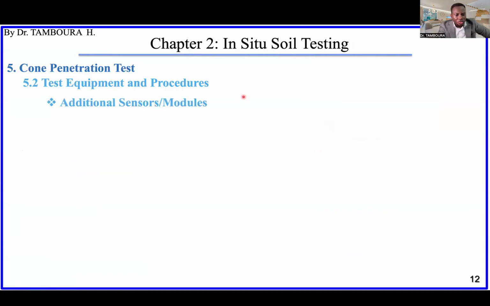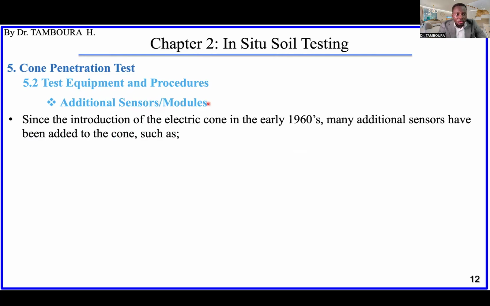Okay, so for this part of equipment, we have additional sensors or modules. Since the introduction of this electric cone, the one I just presented, in the early 1960s, many additional sensors have been added to the cone.